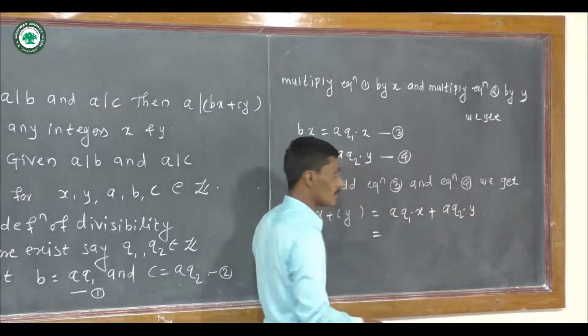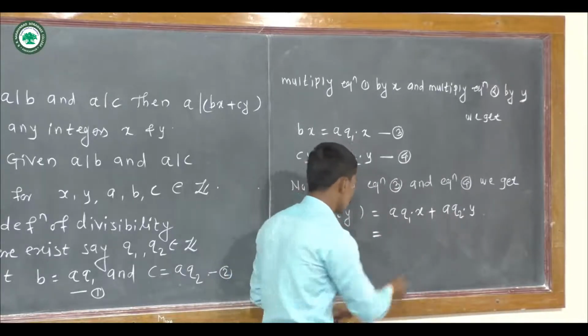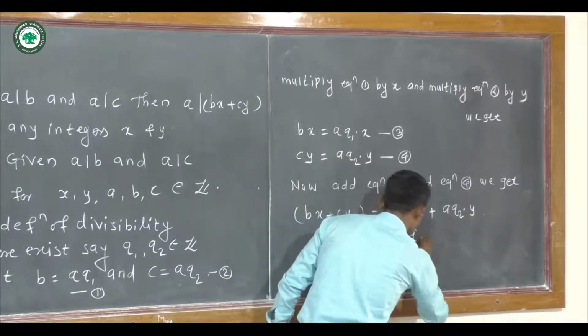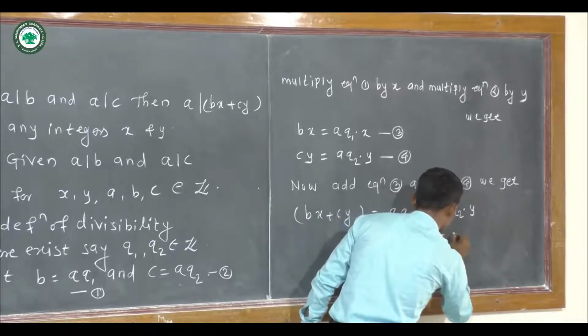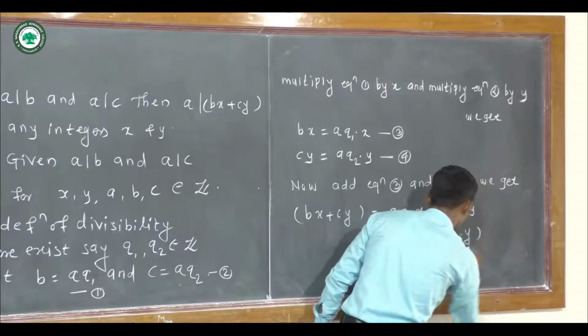Here the right side of these two terms is common, so multiply a into q1 into x plus q2 into y.